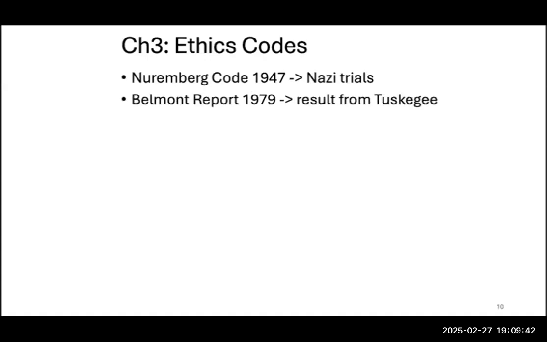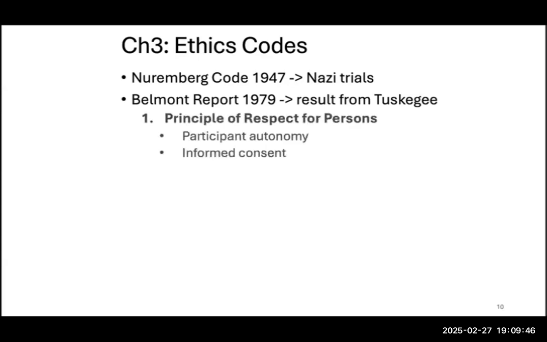Then we have the Belmont report, and that came after the Tuskegee study. And what we gained from that was the idea that we need to respect our participants, which is really sad that we had to explicitly say this because it's not happening automatically, right? So principle of respect for persons, that means we understand that participants should be able to leave anytime they feel like they're not comfortable.